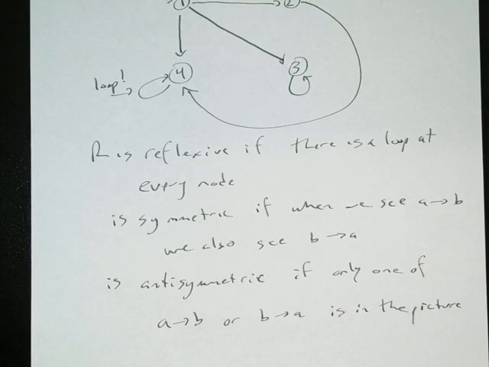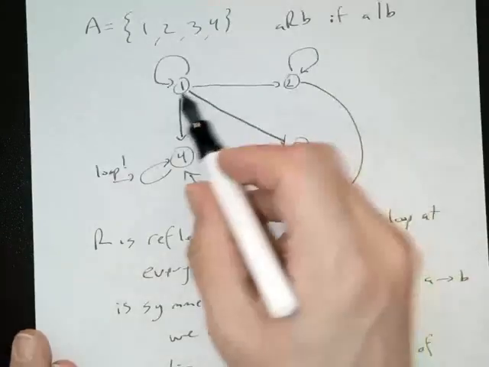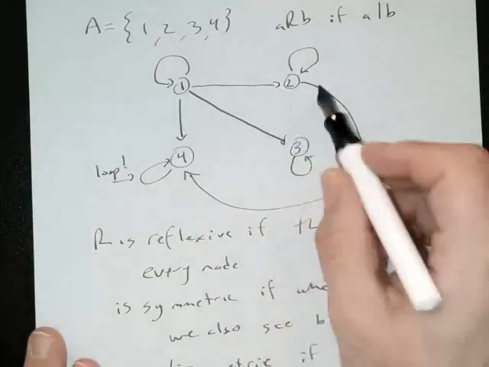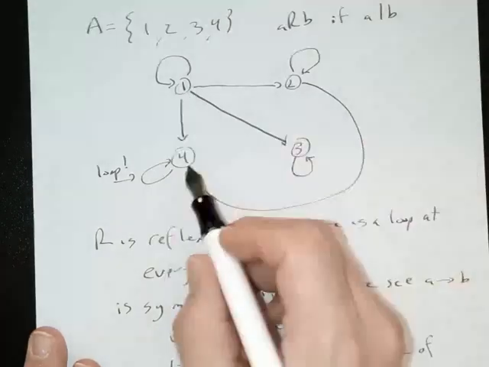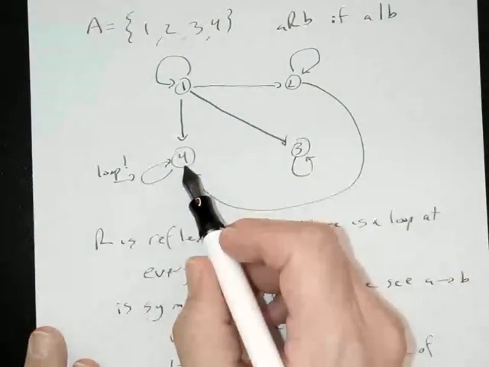Transitive. Well, transitive means if I go from A to B and I go from B to C, then I should go from A to C, right? That means I should be able to make triangles. I can go from 1 to 2. I can go from 2 to 4. I can go directly from 1 to 4.